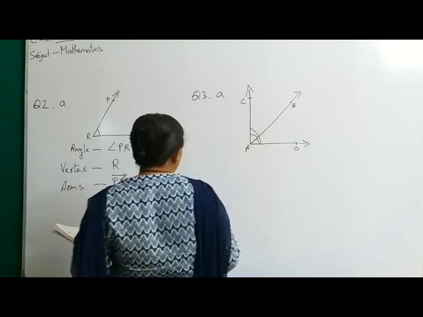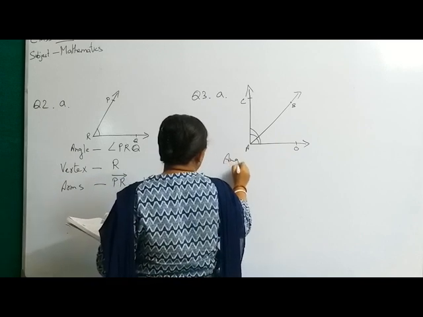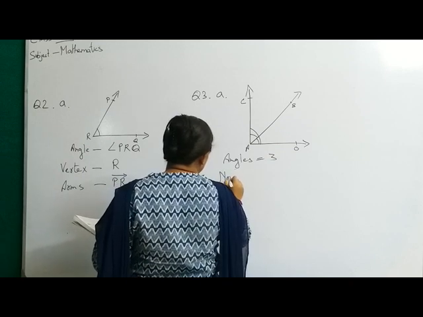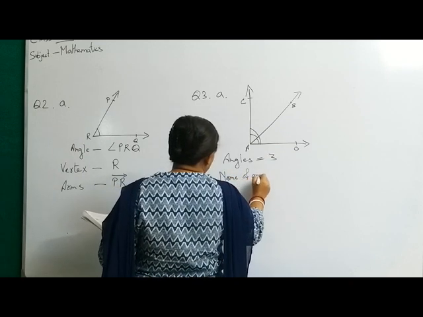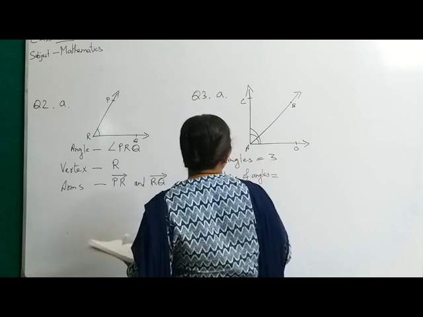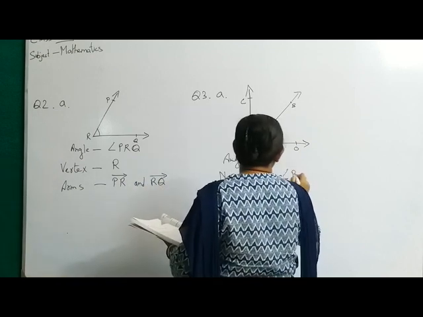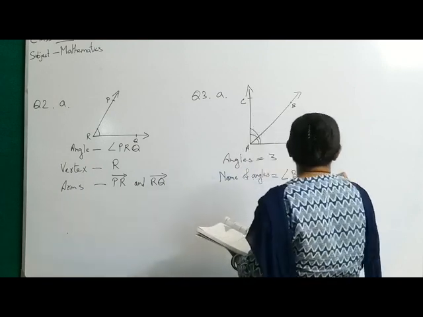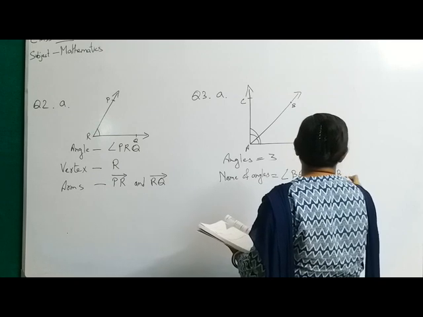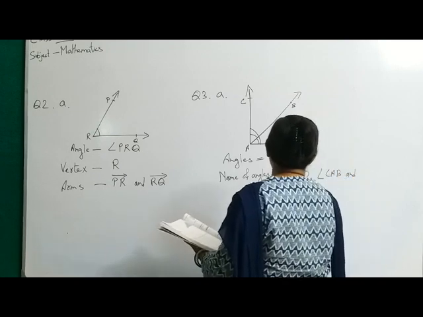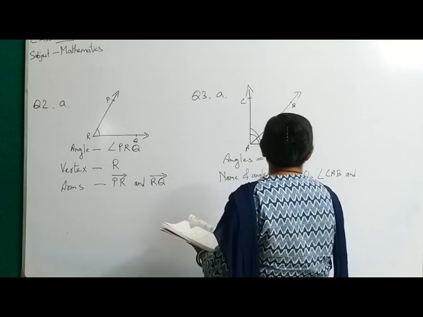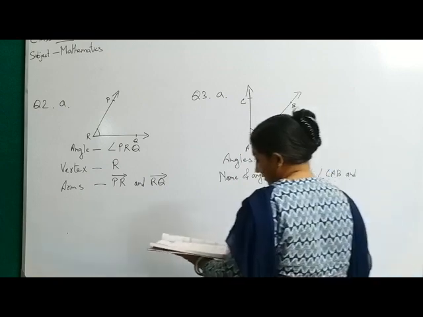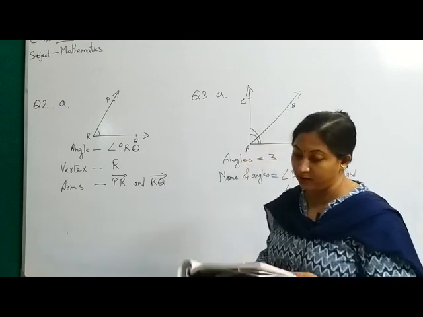That means the total number of angles is 3. The names of the angles are angle BAO, angle CAB and angle CAO. These are the three angles. The next one you try on your own.